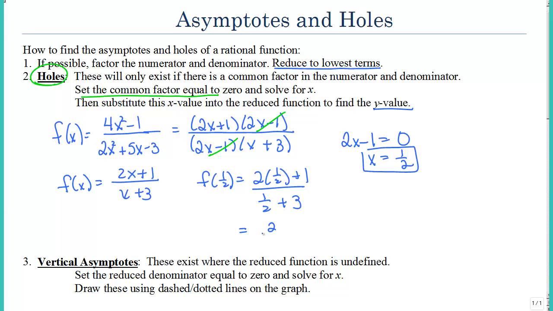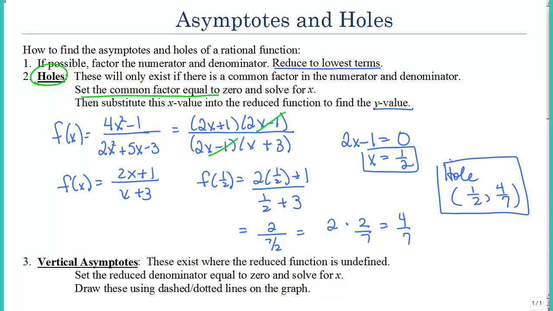So let's see, that's going to be 2 over 3.5, and 3.5 is 7/2. So that would be 2 times 2/7, which would be 4/7. So our hole is going to exist on the graph when x is 1/2 and y is 4/7.